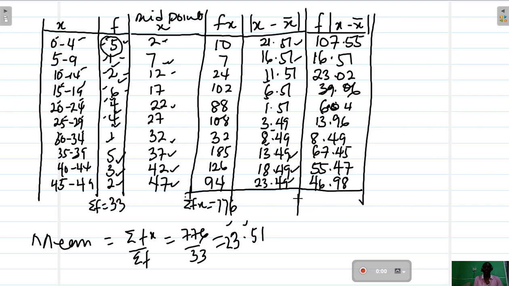Then it's up to us to find the sum of f times the absolute value of x minus x bar. So we sum all.